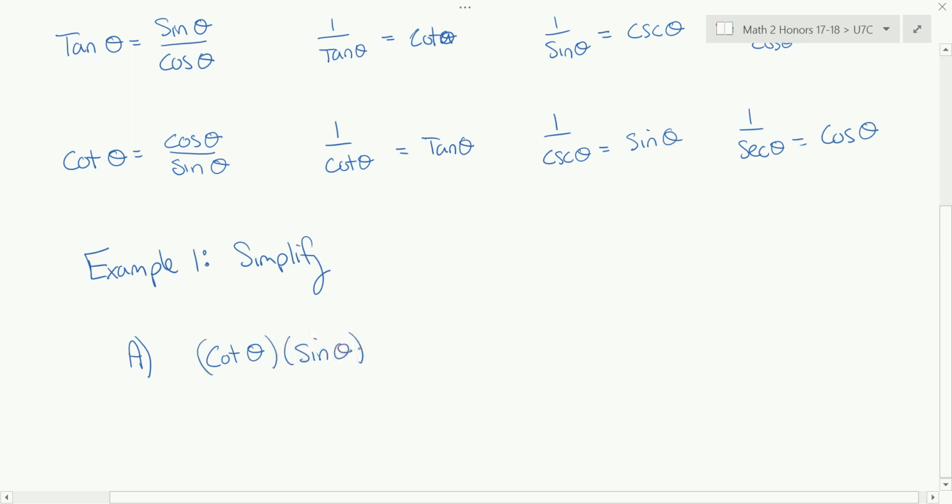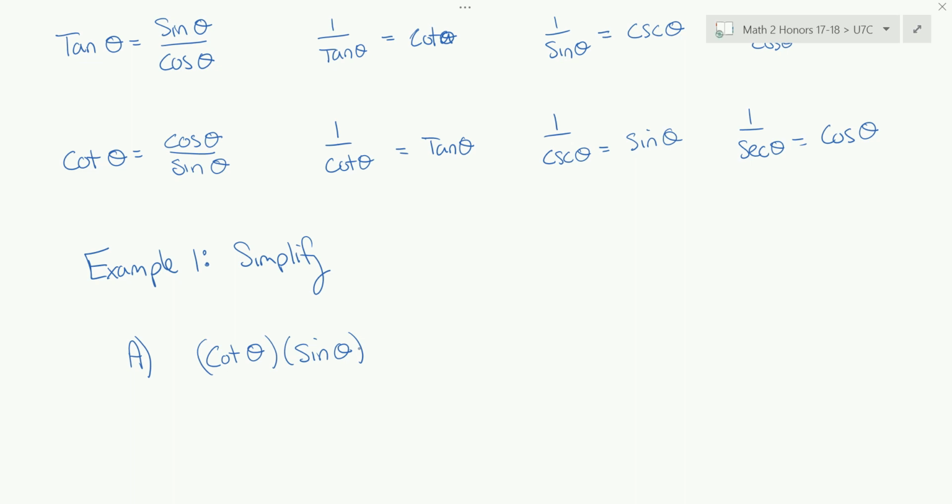So when you're trying to simplify, here we have two expressions multiplied together. Is there a way to combine them and make one out of the two? One technique that you want to try, especially in this case, is to change everything back into terms of sine and cosine. Because everything's related to sine and cosine one way or another.